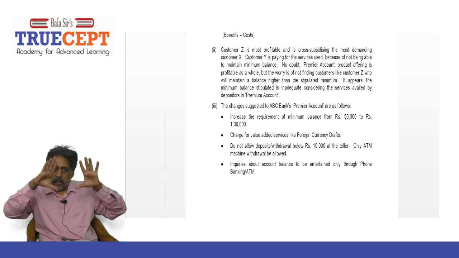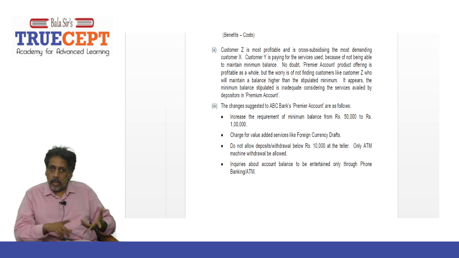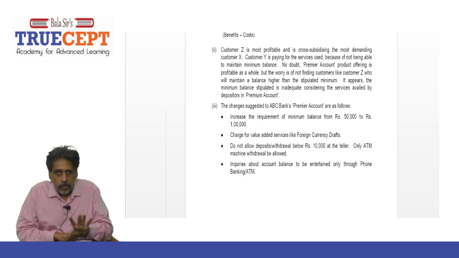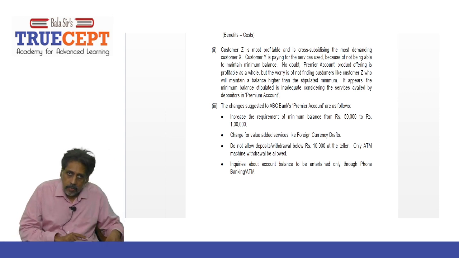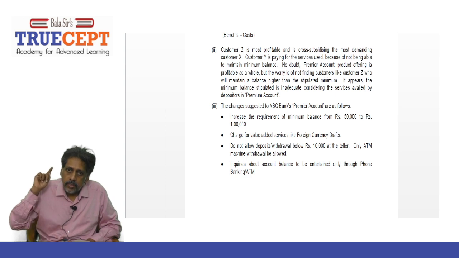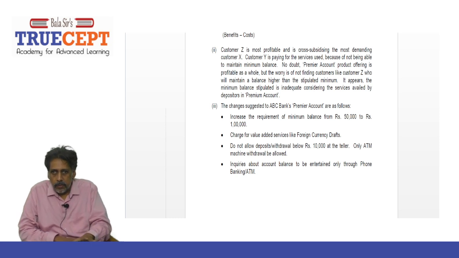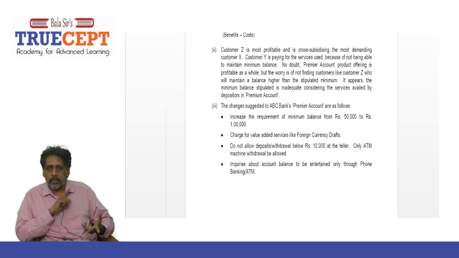Basically, the 10,500 is a cost incurred on X in excess of the benefit. Yes or no? And that cost is now borne by whom? By Z. He is going to compensate this loss. Got it? Yes. That is called cross subsidization, where one customer compensates for the other customer.